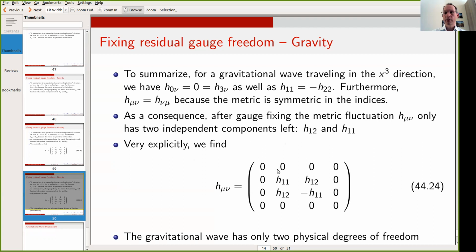If you look at this tensor here, and even if you use that it's symmetric, you could have written down 10 independent components here, but the gauge or the Faddeev-Popov invariance restricts the number of degrees of freedom severely, and you basically boil it down to only two independent polarizations.